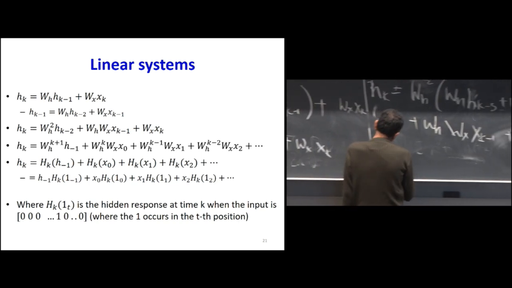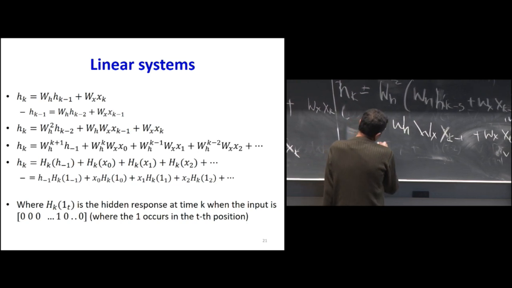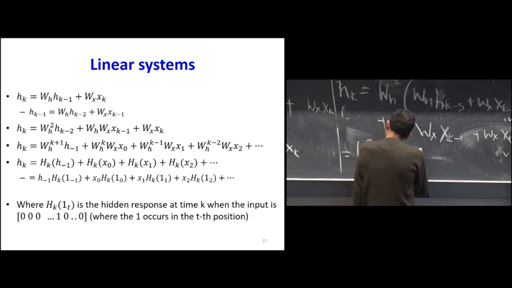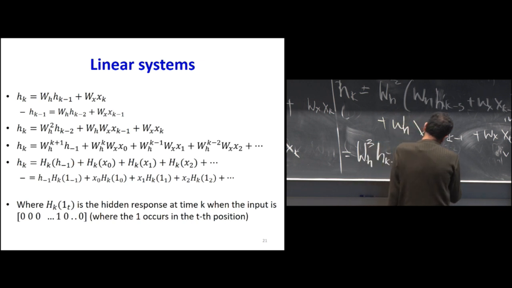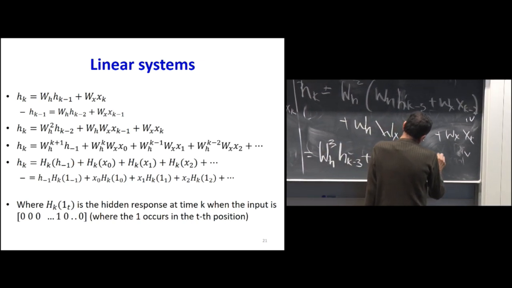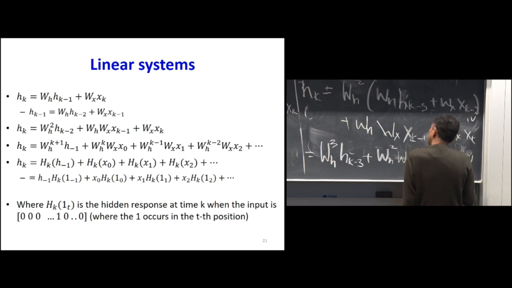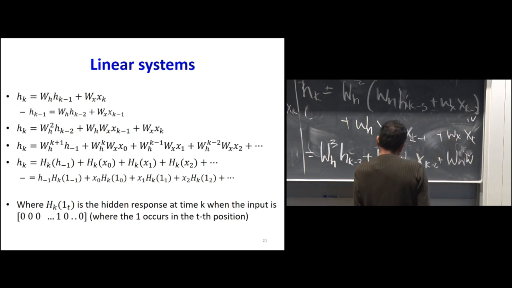Okay, I'll do it. It's getting to the end of class, so you're done. I have no choice. Okay. Plus W_h squared W_x x_{k-2}, plus W_h W_x x_{k-1}... is there a W_x x squared?